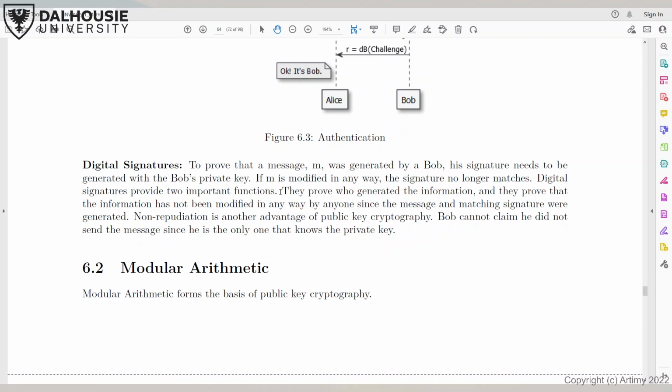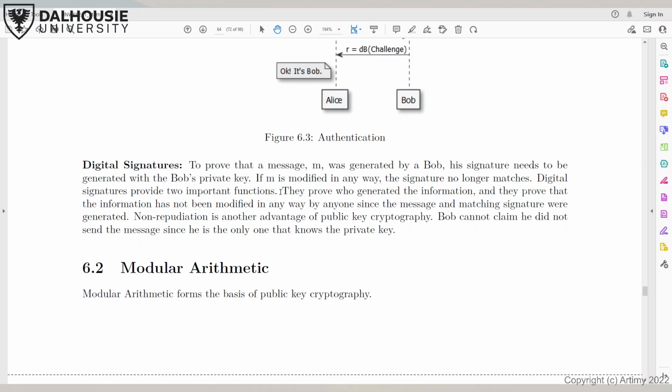And then we encrypt the hash with our secret key. And then we send the message with the encrypted hash. The encrypted hash, now we call it the digital signature, right?